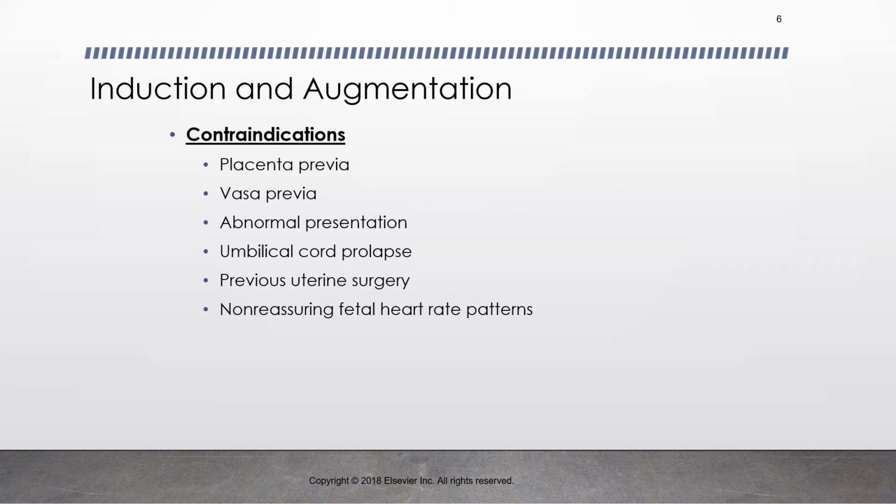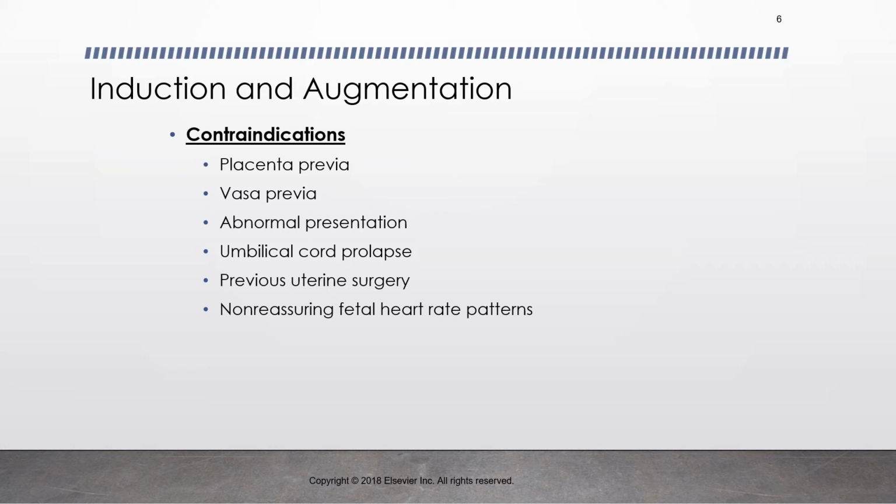An abnormal presentation, a shoulder presentation, possibly a footling breech. We suspect umbilical cord prolapse, or we have one. Previous uterine surgery, particularly the old-fashioned type of cesarean section where they actually went up and down instead of at the bikini line. That can make the uterus more prone to rupture.